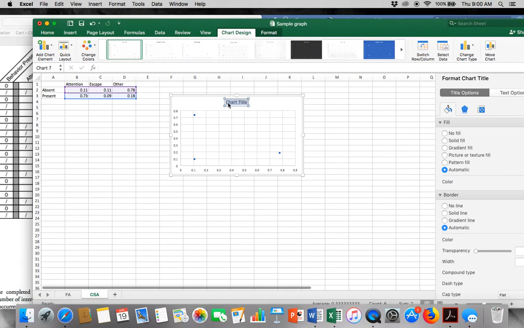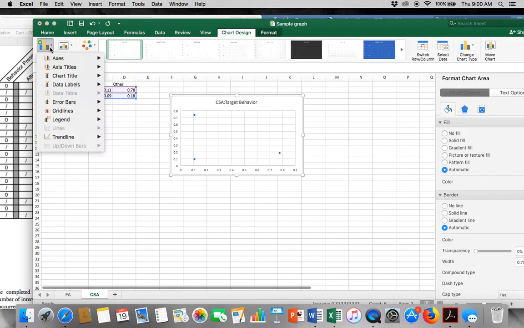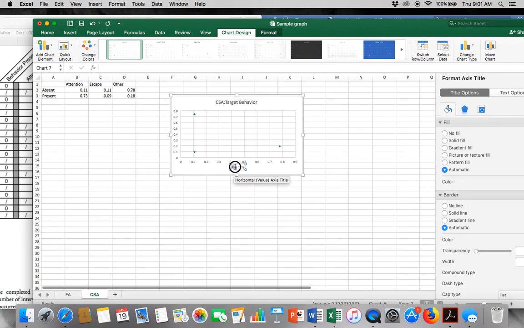First, let's change the title. We're just going to write contingency space analysis, and if you wanted to, you could write the target behavior. And then you're going to add axis titles. On the primary axis, which is our x-axis, we're going to write consequence, no target behavior.